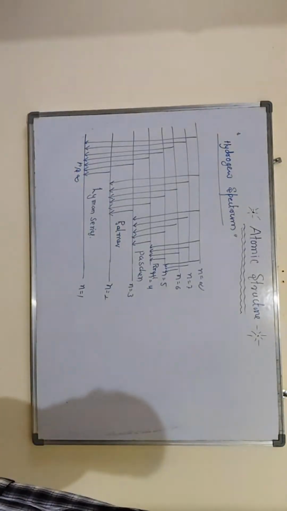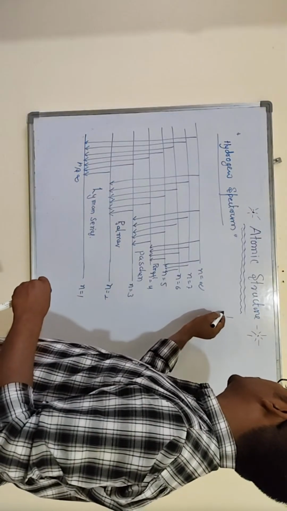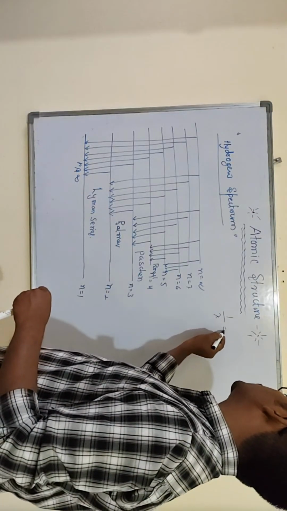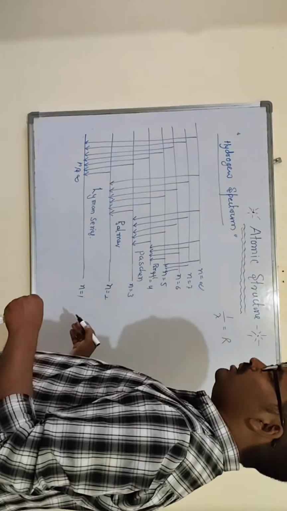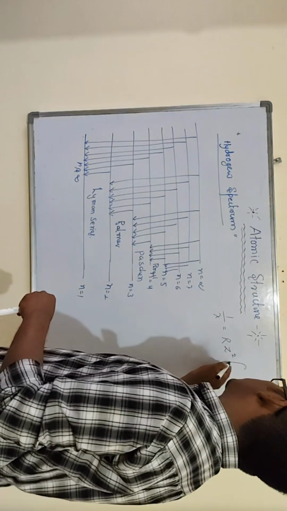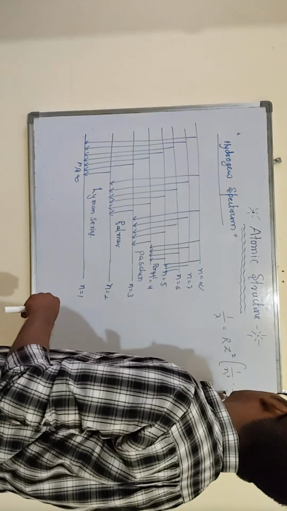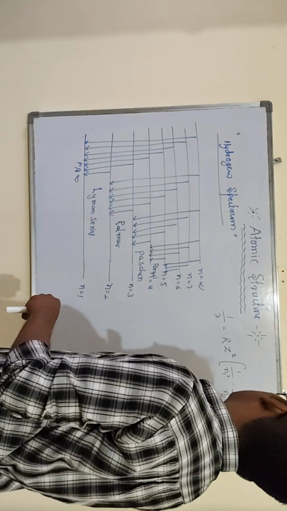Which formula we have to use? 1 by lambda equals R, Rydberg constant, into Z square into 1 by n1 square minus 1 by n2 square. This is the formula.